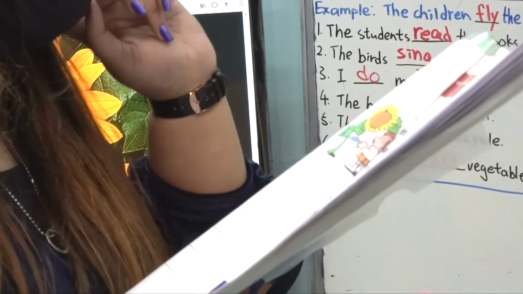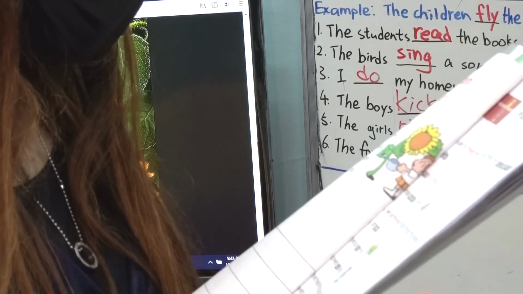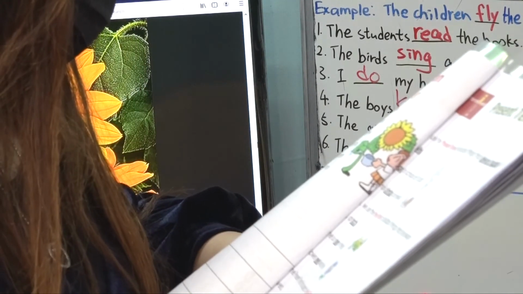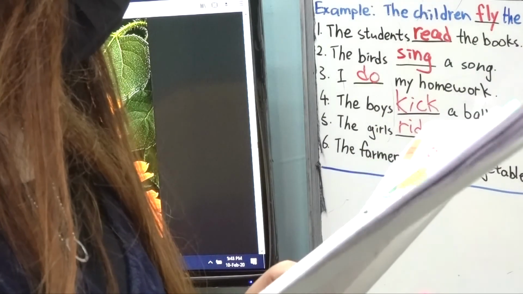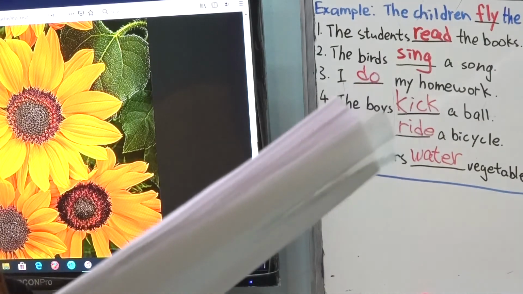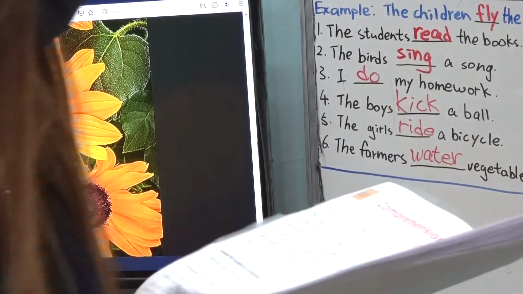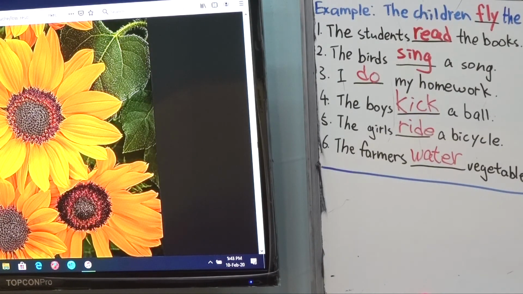And the funny thing is, the action verbs are the same. Okay, time up.